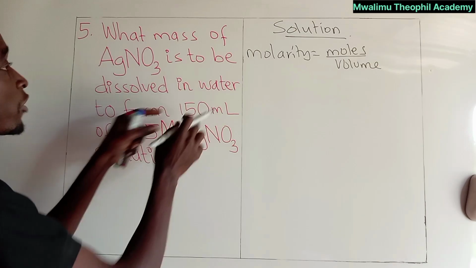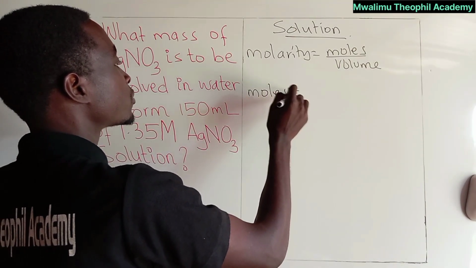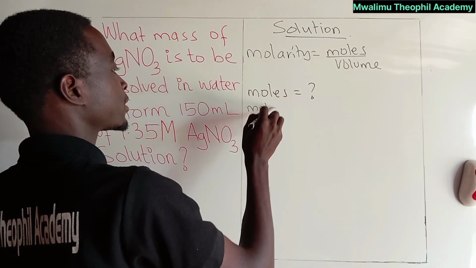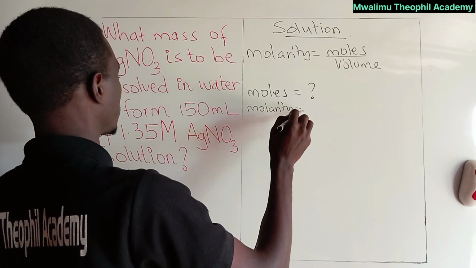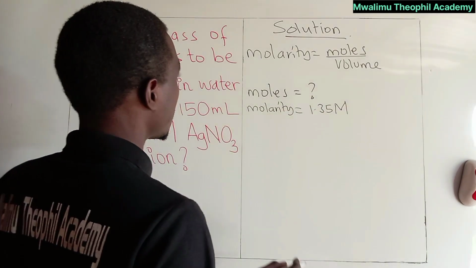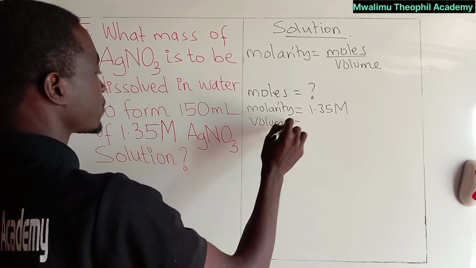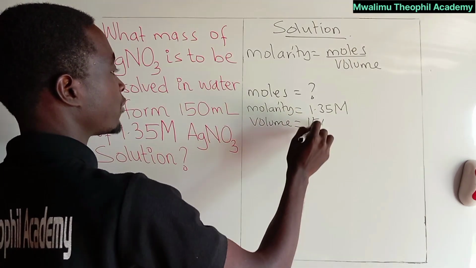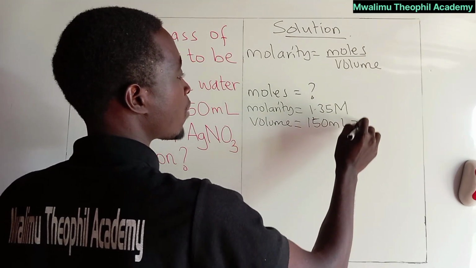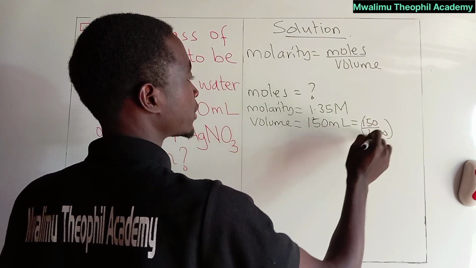Let's see the volume given. Number of moles, first of all, is not known, but molarity is given. Molarity is equal to 1.35. What about volume? Also volume is given. We are given 150 milliliters, which is equal to 150 over 1000 liters.